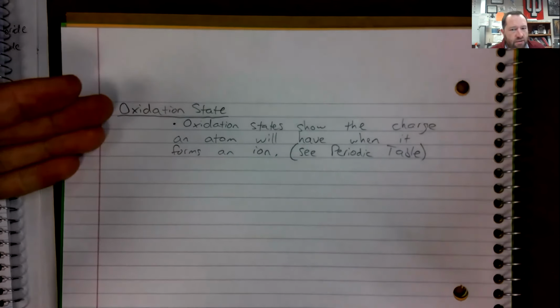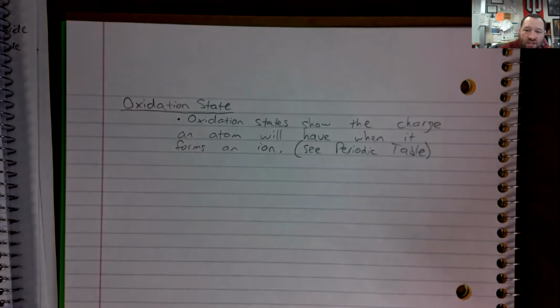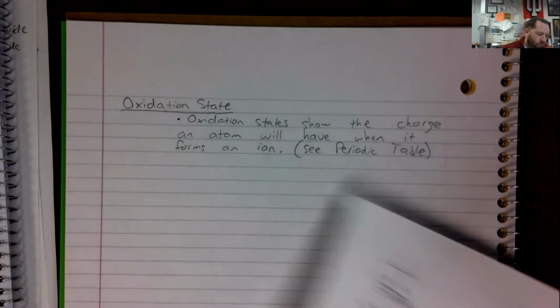An oxidation state is the charge an atom is likely to have when it forms an ion.